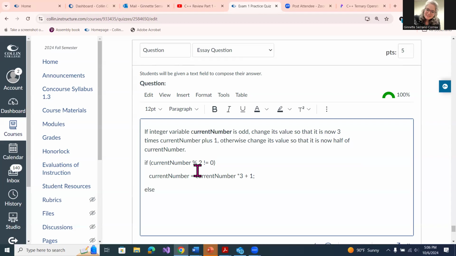Otherwise, change its value so that it's now half of the current number. Changing its value means you have to put the variable here again, because the equal sign changes its value. So just divide by 2.